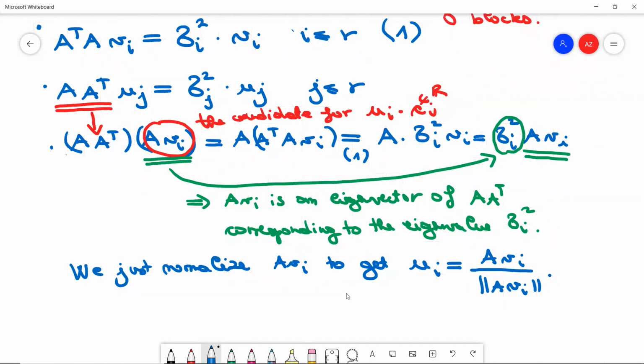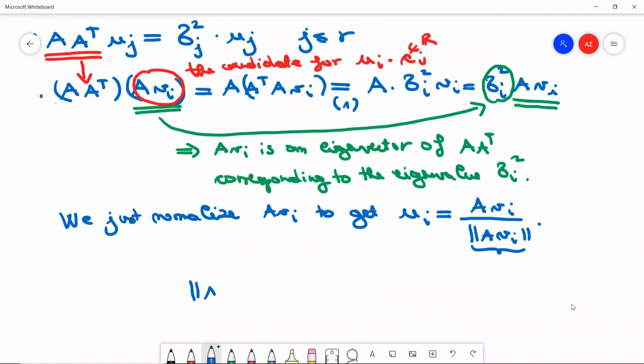And in fact, if you look, we will use this further. So let's calculate the norm of AVi.